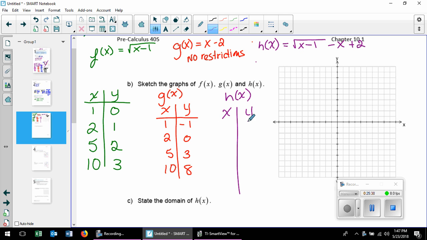So because we shared the x's, 1, 2, 5, and 10, what are we going to do with the y values? I'm just going to subtract them. So 0 minus a negative 1 is going to give me positive 1. 1 minus 0 is going to give me 1. 2 minus 3 and 3 minus 8. Negative 5.